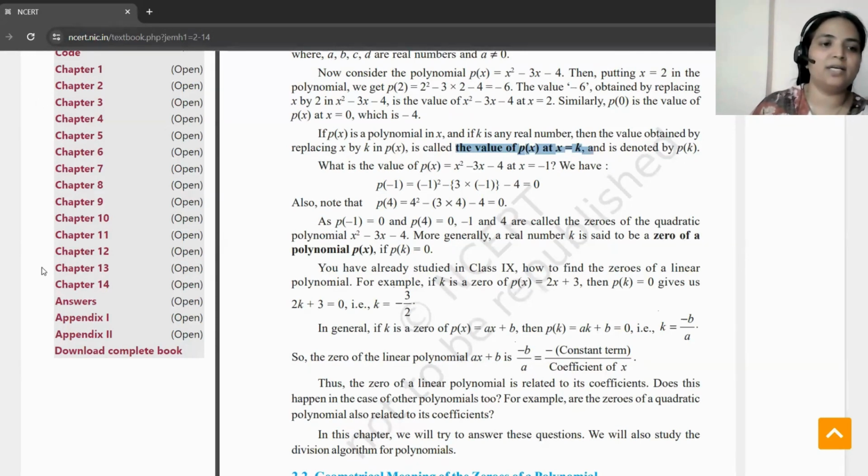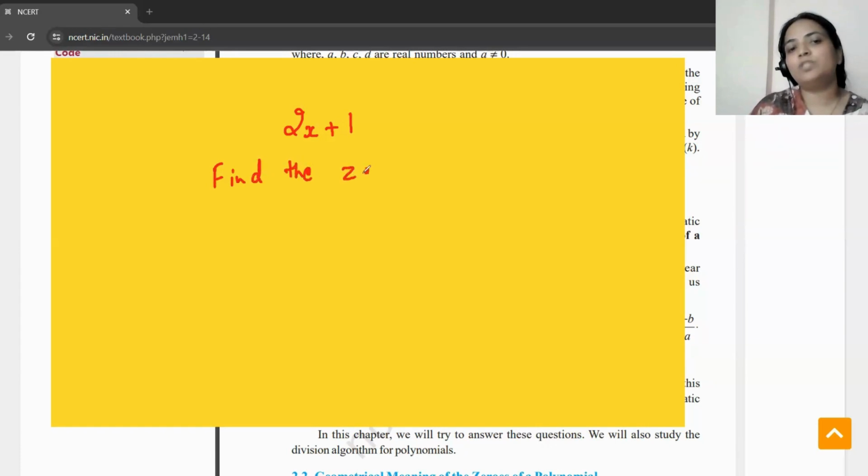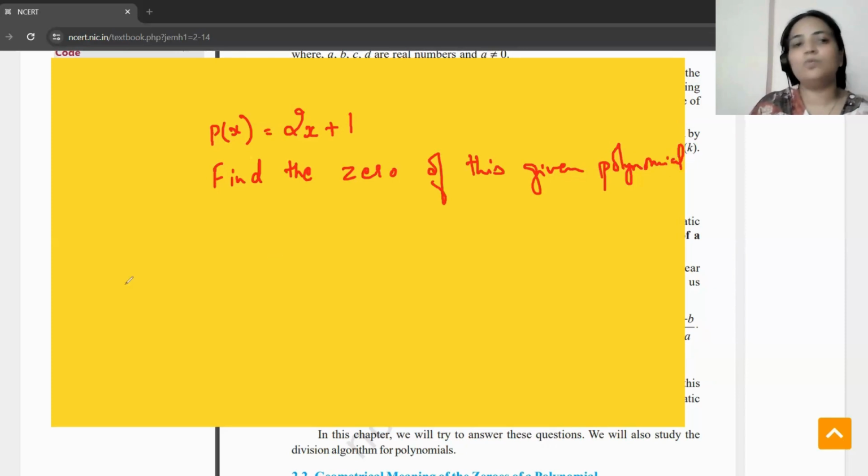Let me discuss this. What are they telling us here? That is called zero of a polynomial. So if I ask you that this is the polynomial 2x plus 1, find the zero of this polynomial. That's one question that I'm asking you.